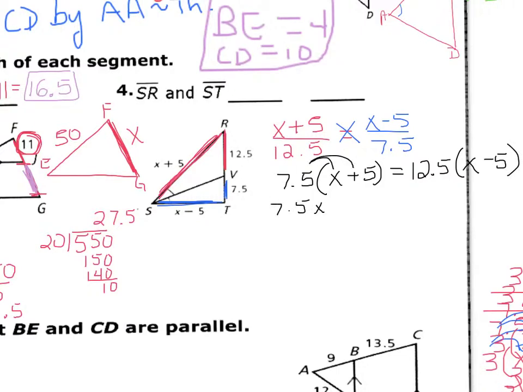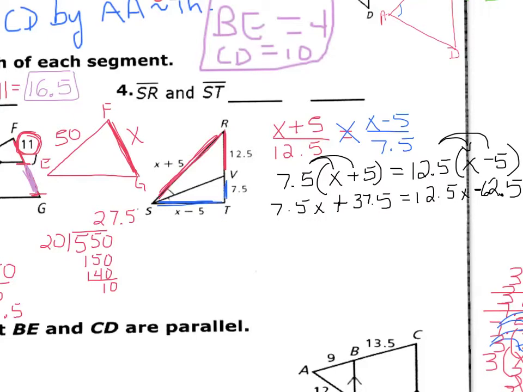7.5x, you distribute, plus that's 25 carried 2, 35 and 2 is 37. You distribute, that's 12.5x, and then you distribute negative, this is 25 carried 2, and then is 10, 12, so it's 62.5.